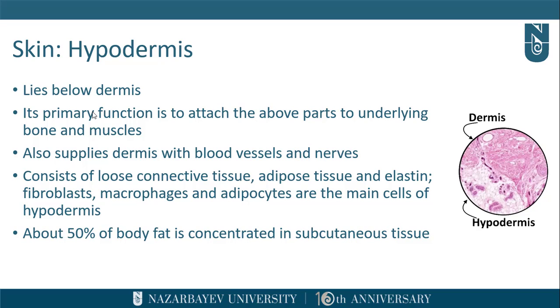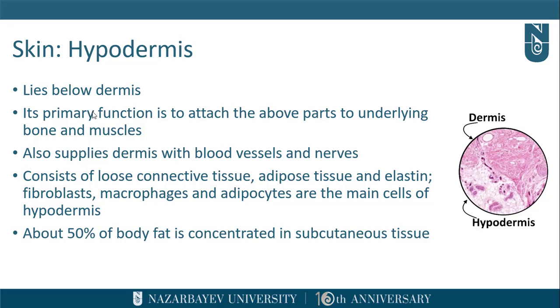And the third part that is below the dermis is called the hypodermis. Its primary function is to keep all the parts, that is the dermis and epidermis, attached to the underlying bones and muscles. So it has a very critical function to keep the above structures connected to the underlying tissues.